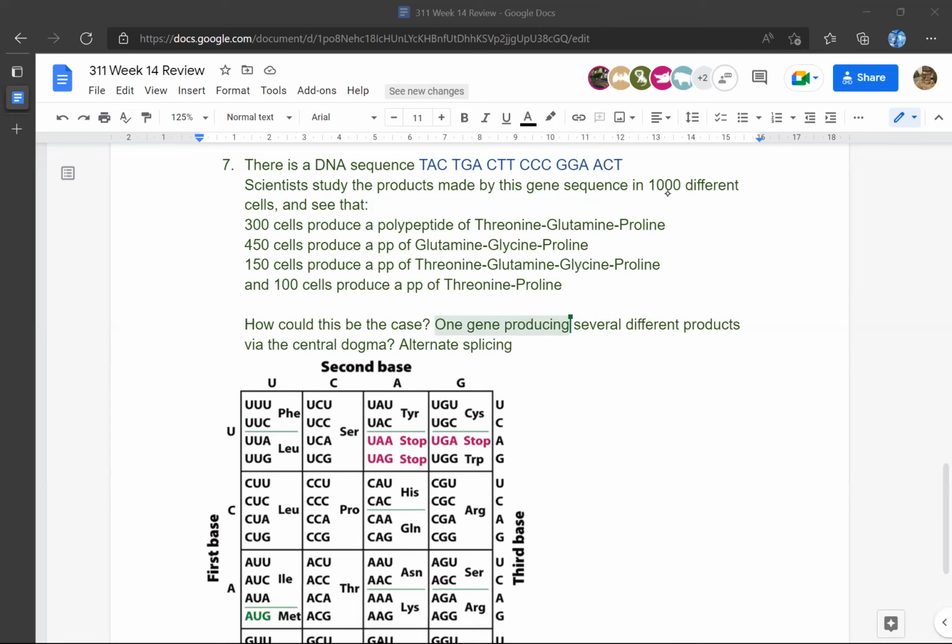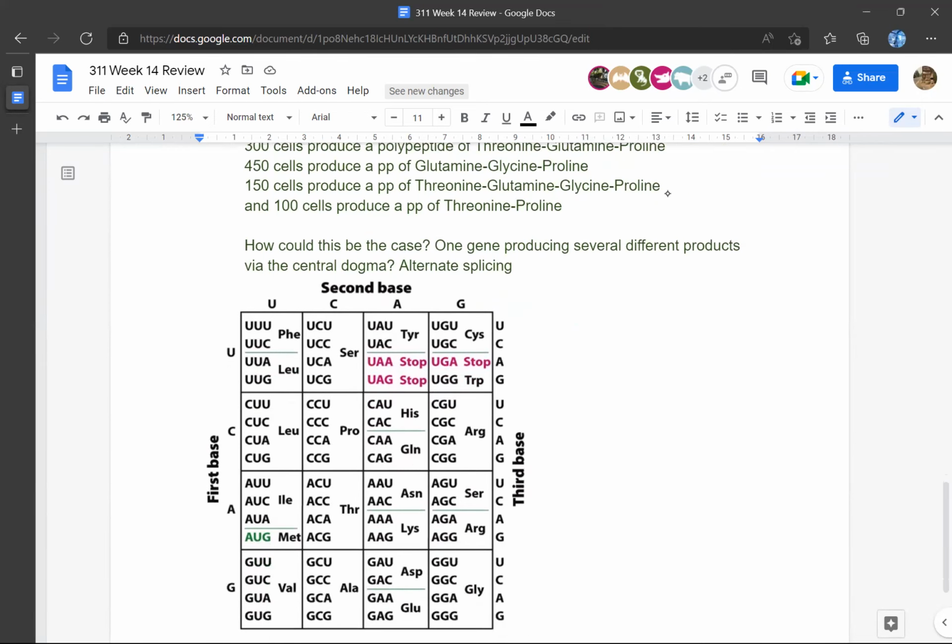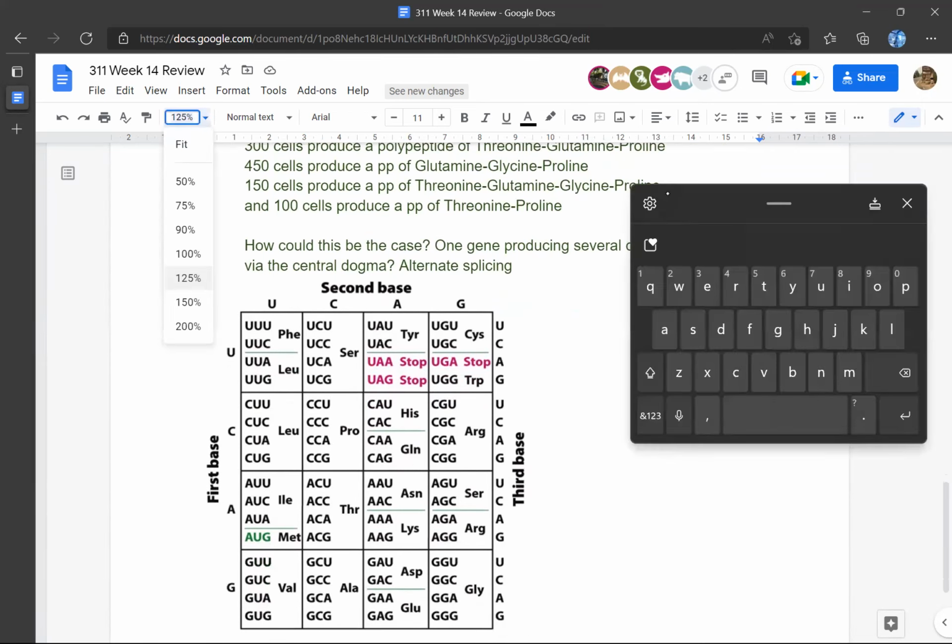How will you know which one it is? You will be given a question that is more well thought out and it will elaborate on this sequence. I guess you guys have used codon tables, right? I keep forgetting, I'm going to zoom out.